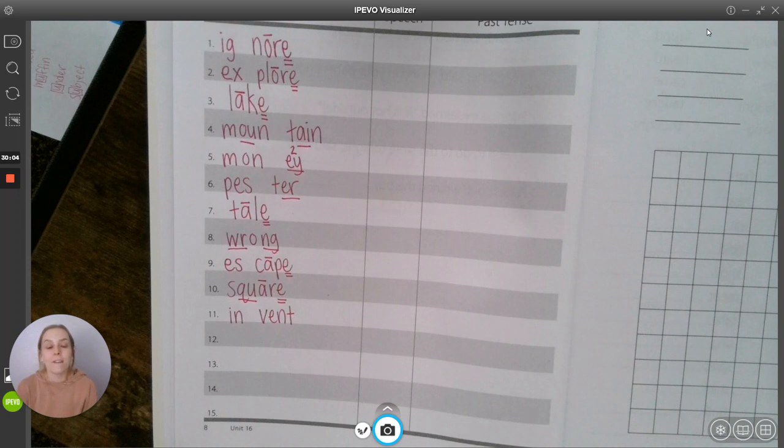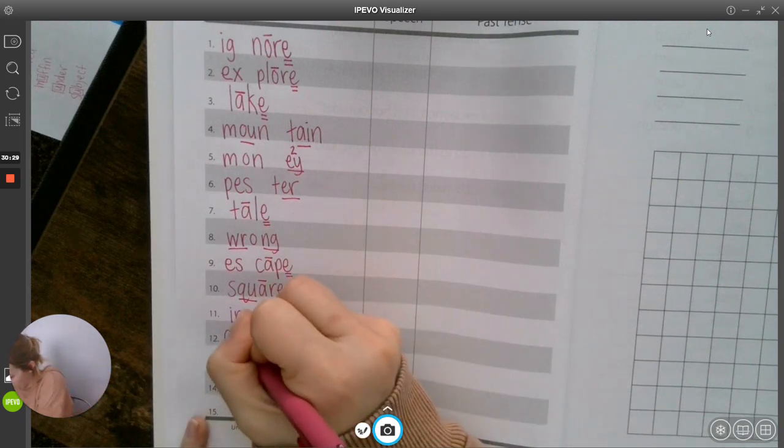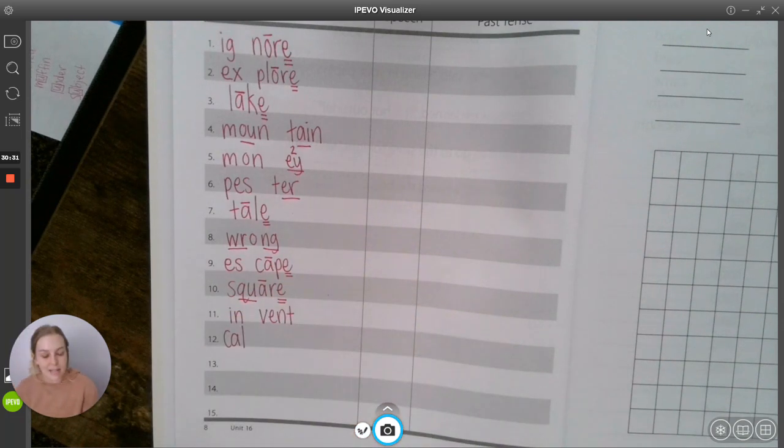Number 12, calculate. Calculate. We will calculate the answer together. 3 syllables here. First one is cal. Sound it out. K, A, O. Finger spell. Second syllable in calculate is Q. Sound it out.